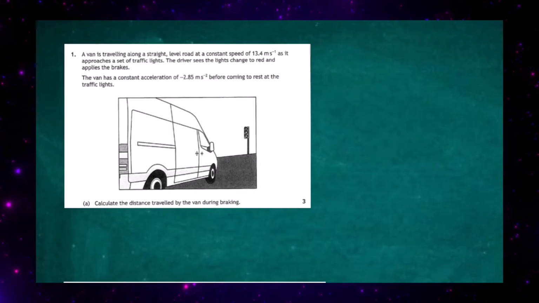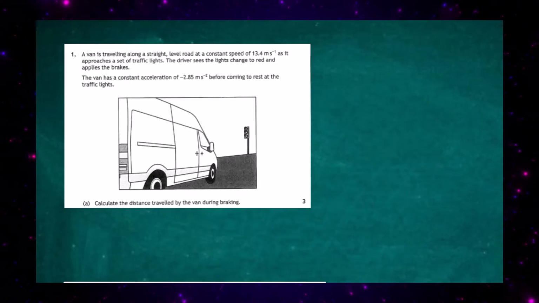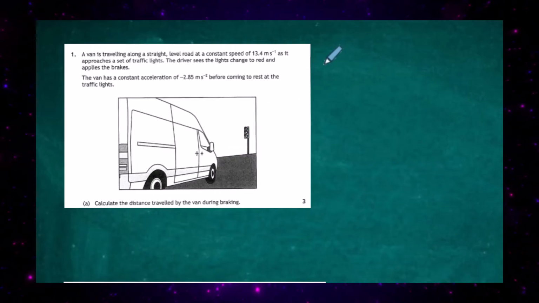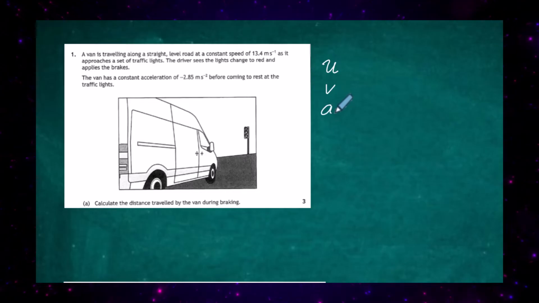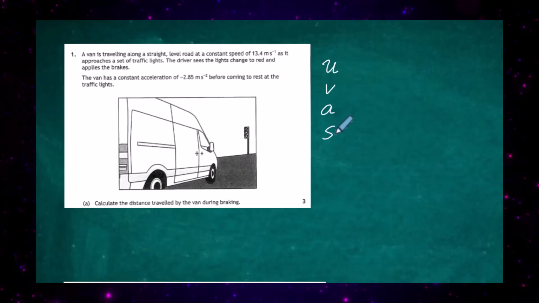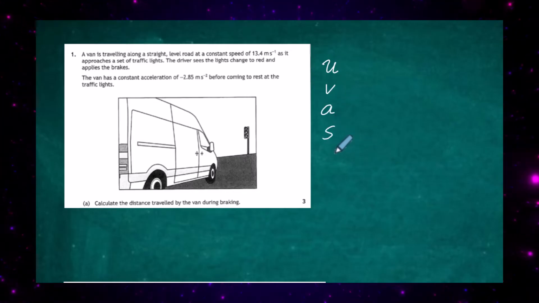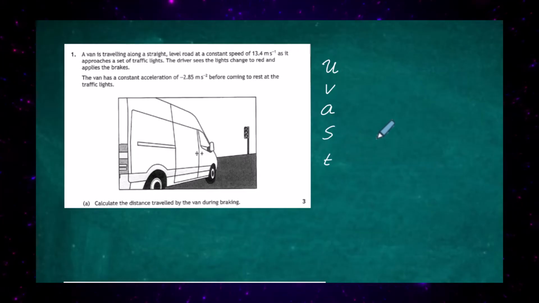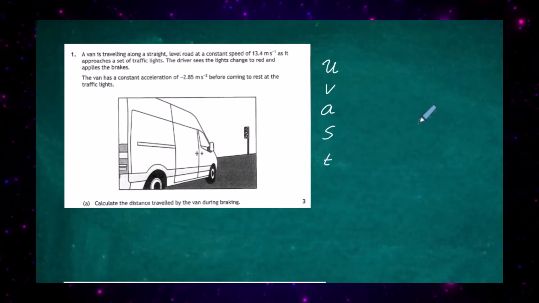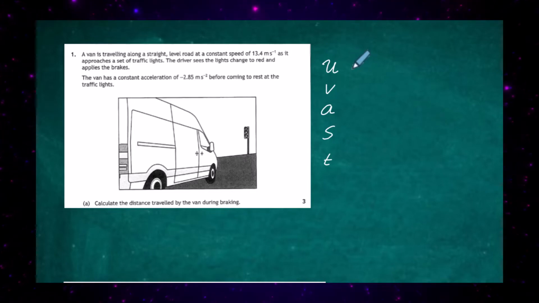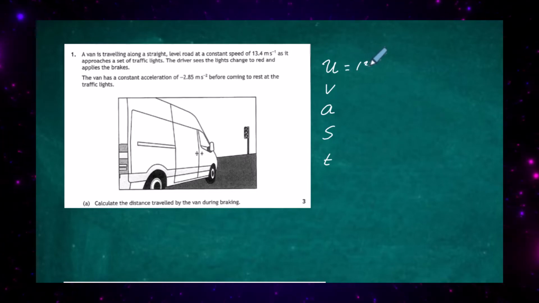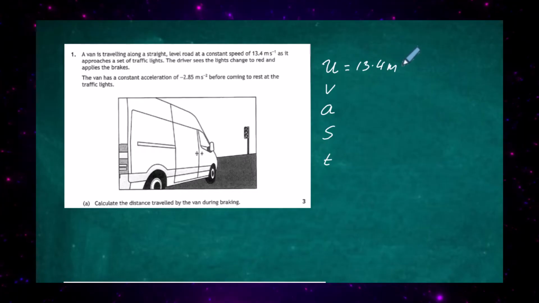To start off with, we put down all our kinematics variables. In this case, u is the initial velocity, v is the final velocity, a is the acceleration, s is the displacement during that particular movement, and t is the time involved. We search the data and fill in what we've got. The van is travelling with an initial speed of 13.4, so 13.4 metres per second goes in there.